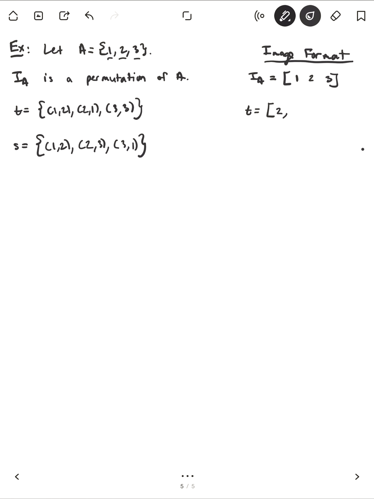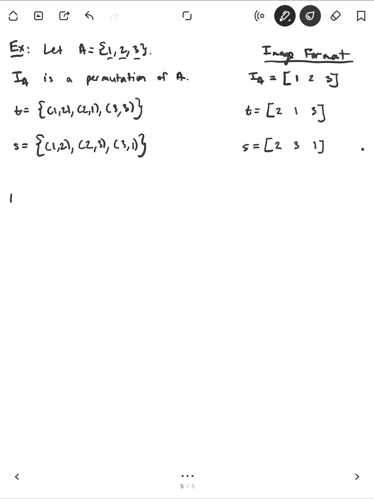What does 2 get mapped to? 1. You don't need these commas. 2 gets mapped to 1, and 3 gets mapped to 3. And what about S? 1 gets mapped to 2, 2 gets mapped to 3, and 3 gets mapped to 1. And so, yeah, that's an interesting way to write things.